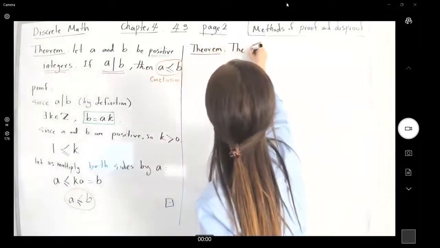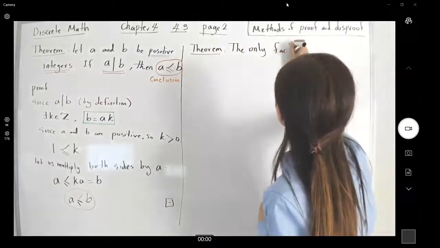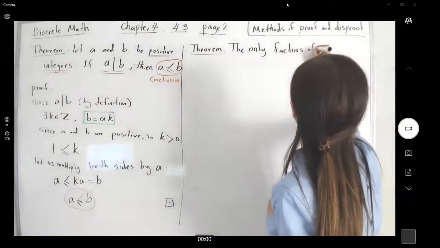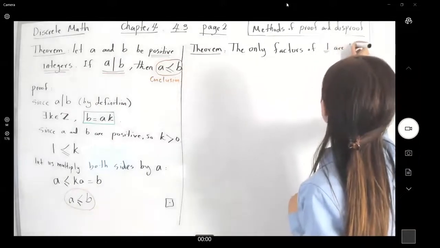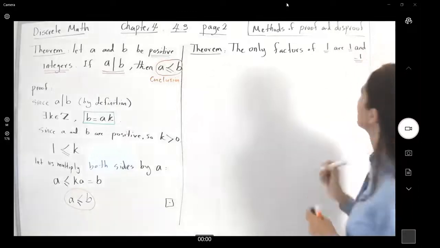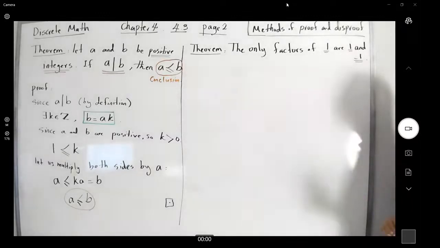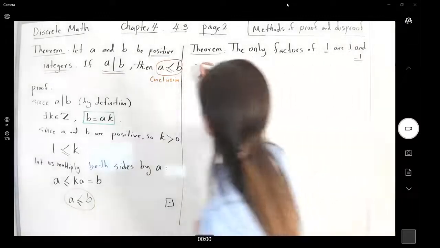The only factors of 1 are 1 and -1. So 1 has only 2 factors, and our goal is to prove that.